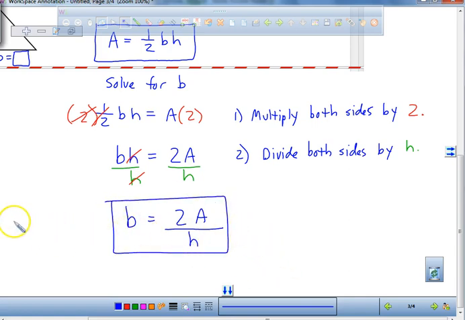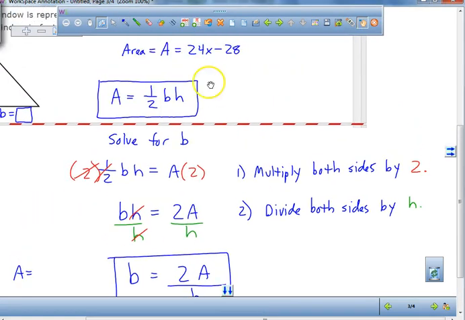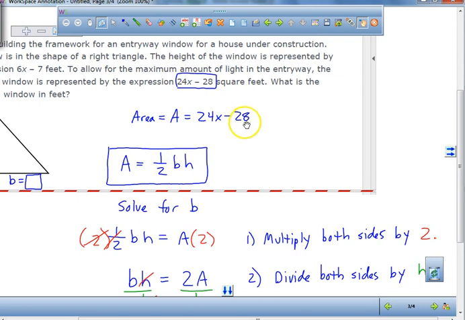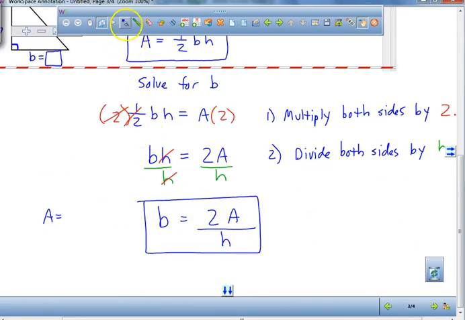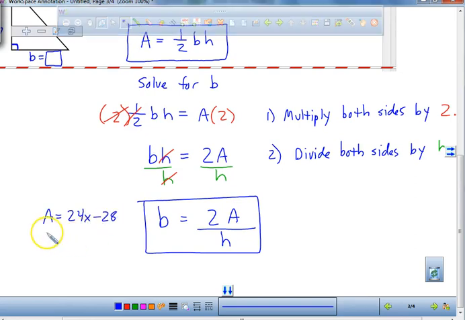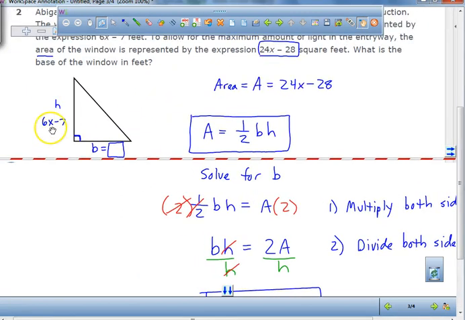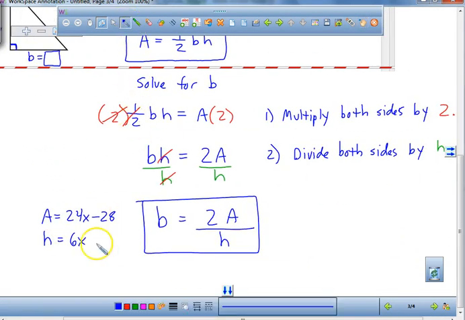Okay? By the way, does anybody know what our area is? Look at your papers. Go back up here and see what the area is equal to. Here's what I want you guys to understand. The area is equal to 24x minus 28. Does anybody know what the height of our right triangle is equal to? 6x minus 7, right there. Okay? Everybody, here's what I want you to do.